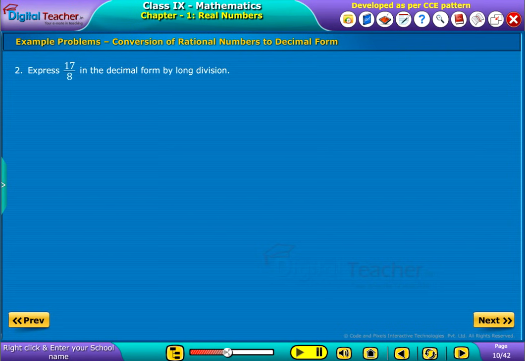Express 17 by 8 in the decimal form by long division. Solution. By dividing 17 with 8, we get as follows.